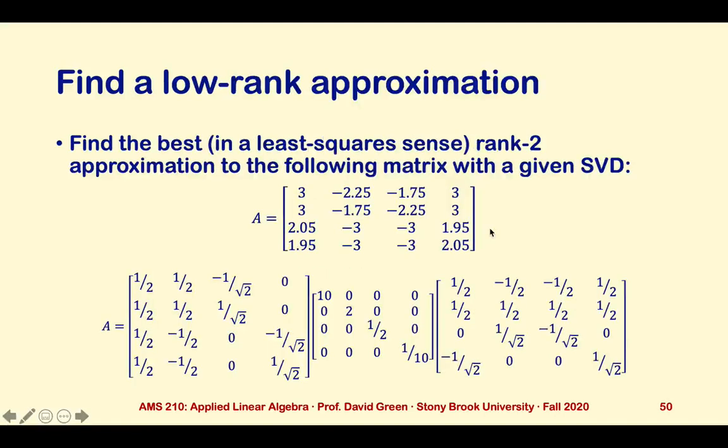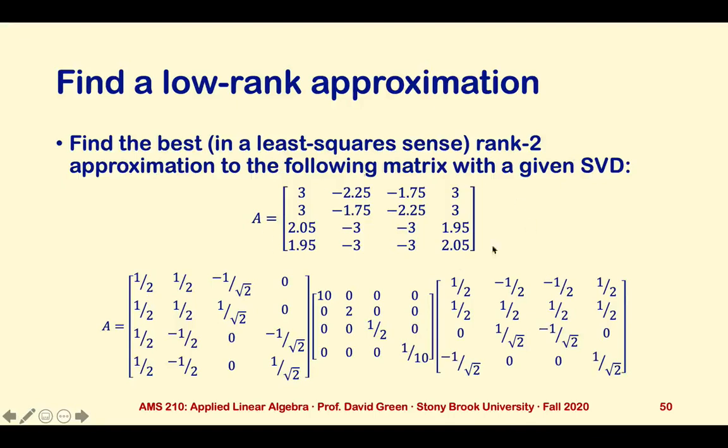Okay, now let's move on to a problem finding a low-rank approximation to a matrix using the singular value decomposition. Can we find the best, where best is defined in a least squares sense, rank 2 approximation to the following matrix with the SVD given?